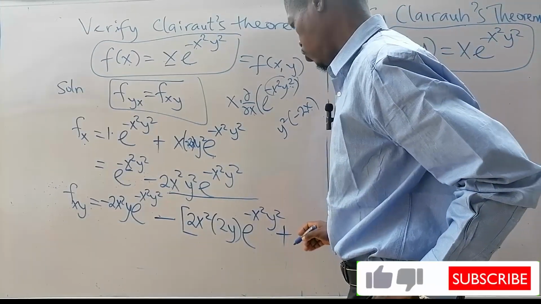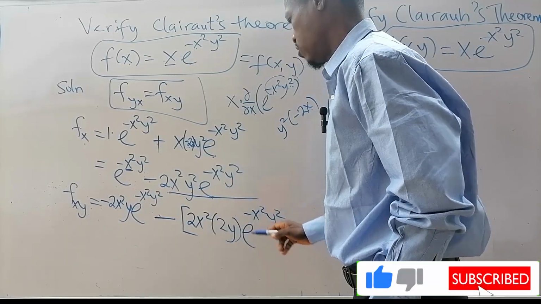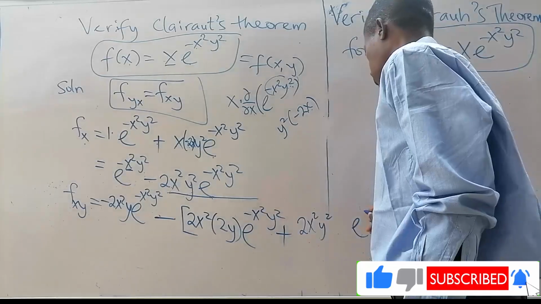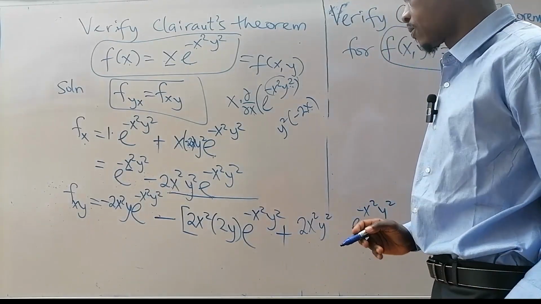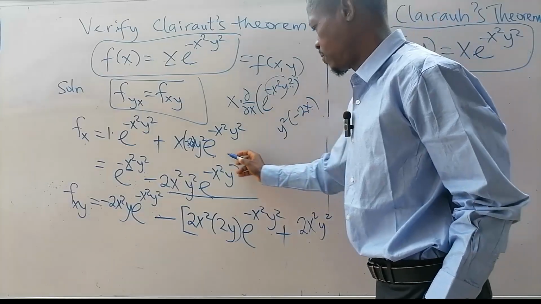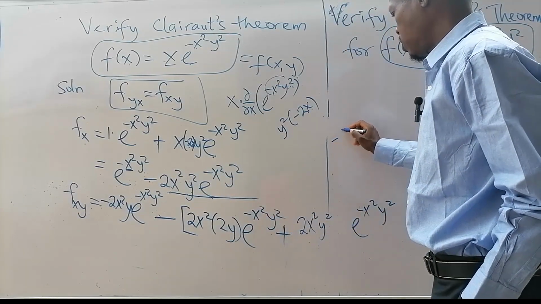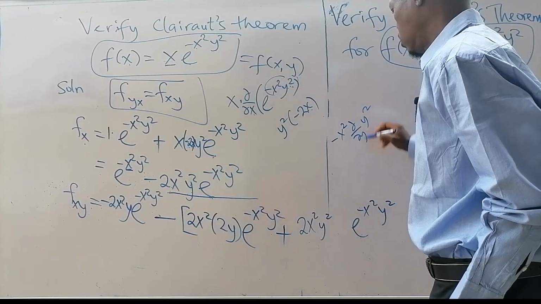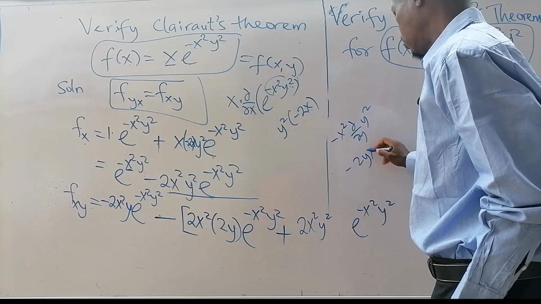So the next thing to do now is to differentiate the e function, while the remaining functions will be kept as a constant. The e function is e to the minus x squared y squared times the derivative of this power. You're keeping this one constant, you are differentiating y squared, which will be equal to minus 2y x squared.